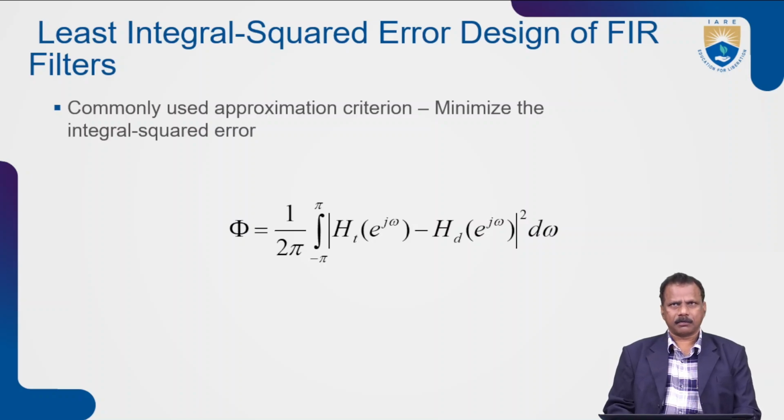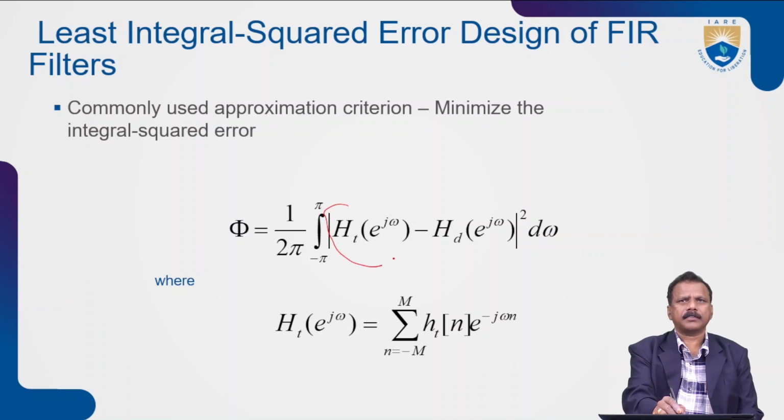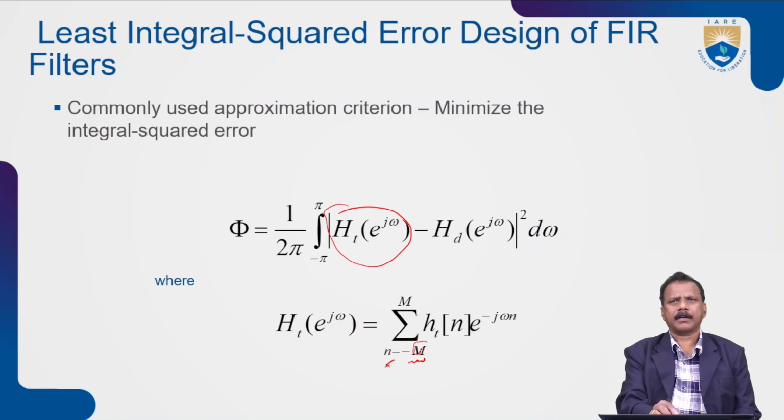For least integral square error design of FIR filters, this is the commonly used approximation criterion. So we have to minimize that integral squared error, where S_T of e power j omega is equal to the summation n equals minus M to plus M of S_T of n e power minus j omega n.